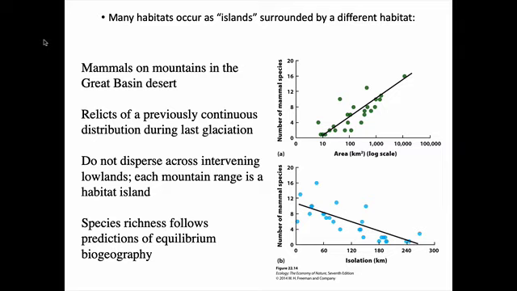So the ability to disperse makes a difference, but island biogeography theory is an excellent predictor of things that are really important in conservation biology, and it is one of the main foundations of conservation biology.